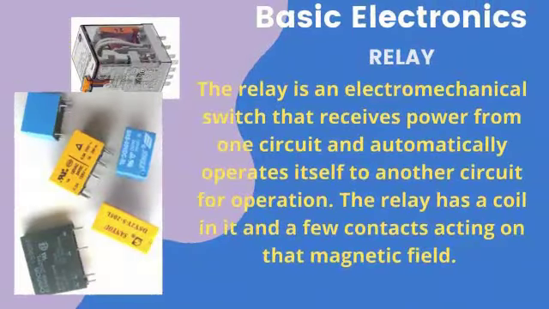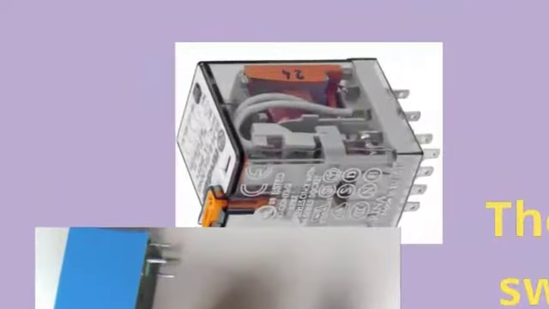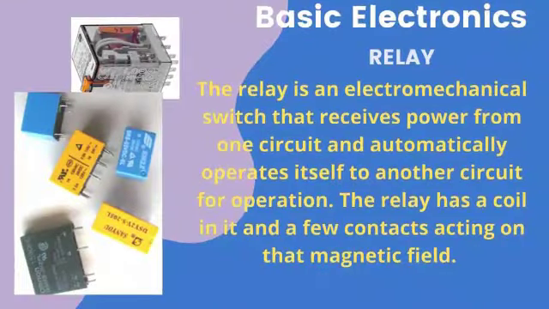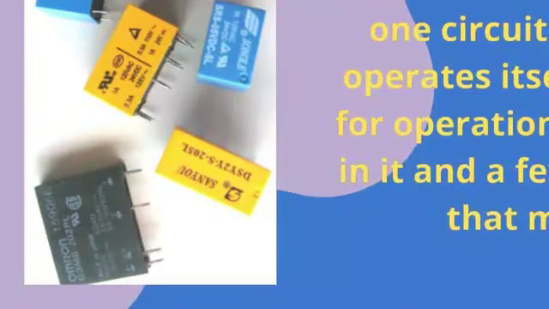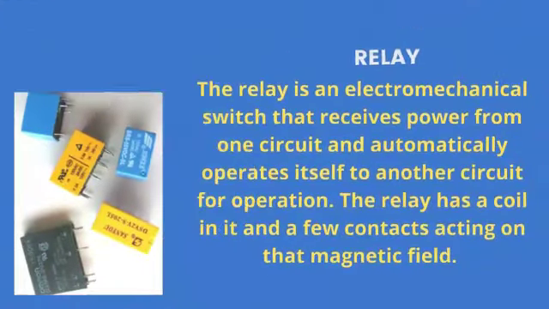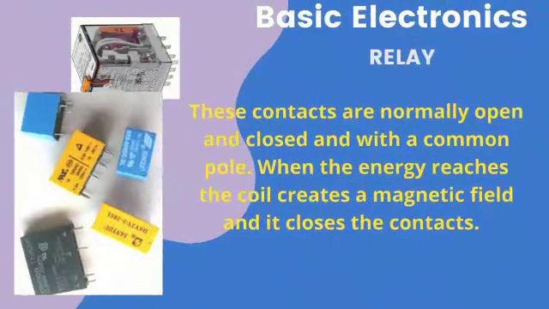Relay. The relay is an electromechanical switch that receives power from one circuit and automatically operates itself to another circuit for operation. The relay has a coil in it and a few contacts acting on that magnetic field. These contacts are normally open and closed, and with a common pole.